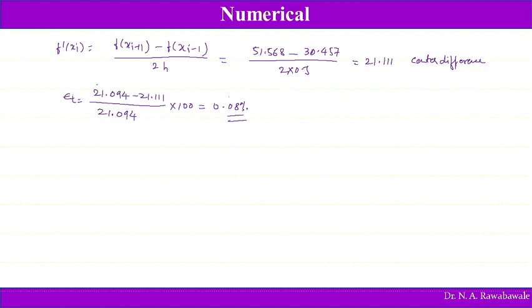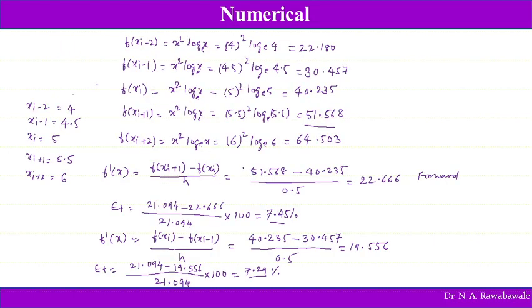So first we use f double dash of xi, which is equal to f of xi plus 2 minus 2 f of xi plus 1 plus f of xi, divided by h square. F of xi plus 2 is 64.503.